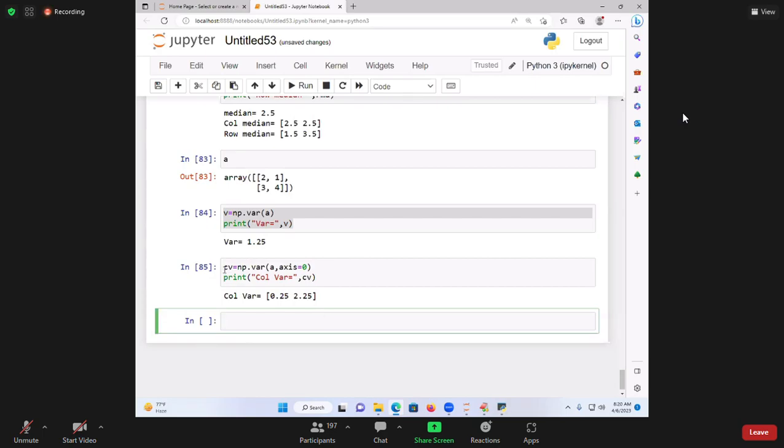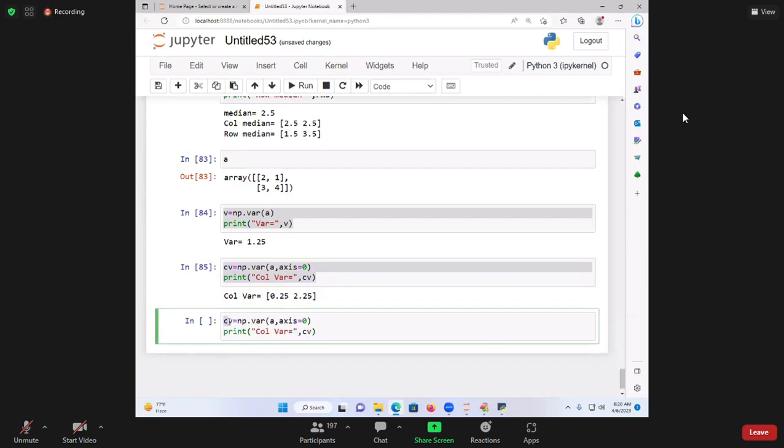Next, students, take care. This is the row variance, with axis equals 1. I will write row variance is equal to RV.